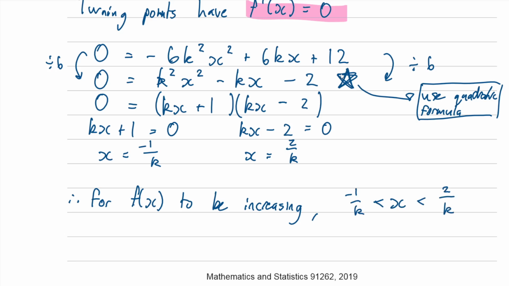So remember, k is a positive number, so -1 over a positive number is still negative, whereas 2 over a positive is still positive, so the negative number on the left, the positive on the right.